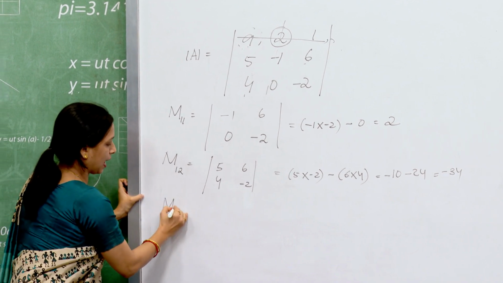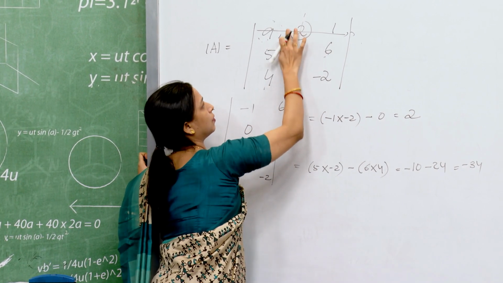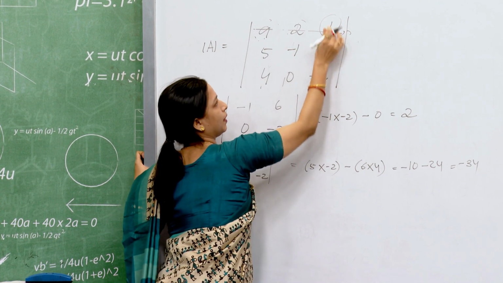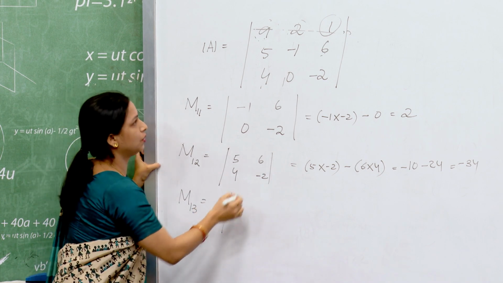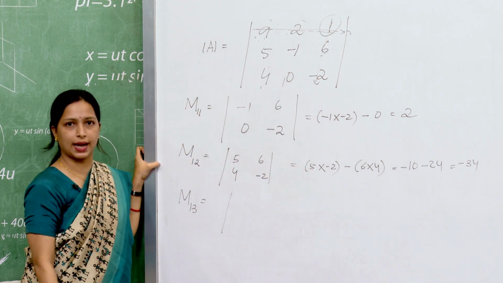Similarly, M13, right. Which element? M13 is 1. So, first I need to find out the second order determinant. I delete the row and column in which 1 exists.